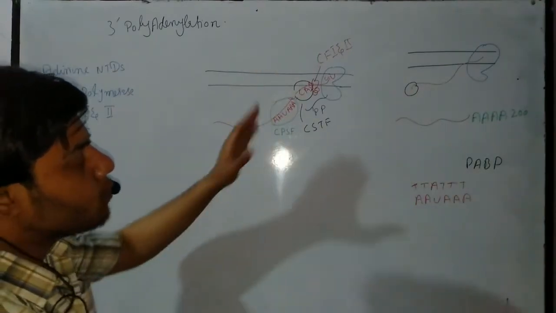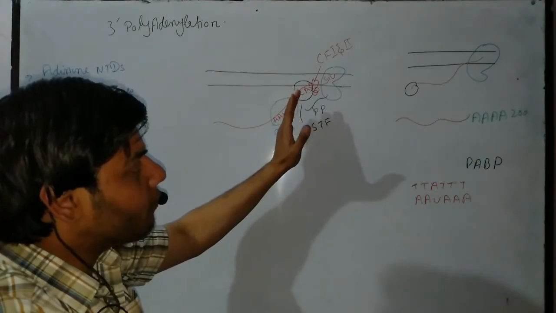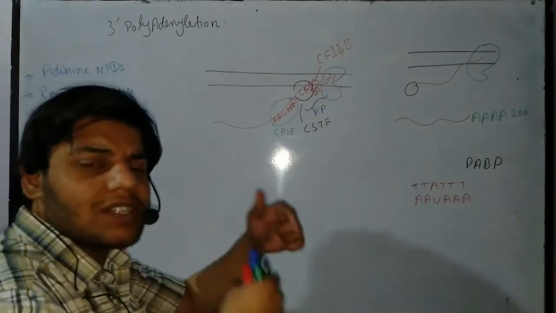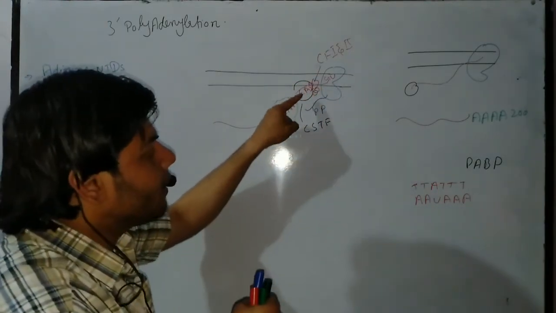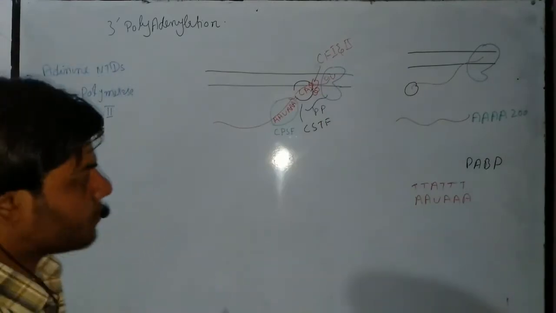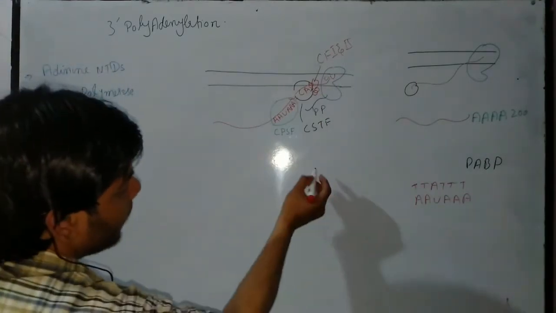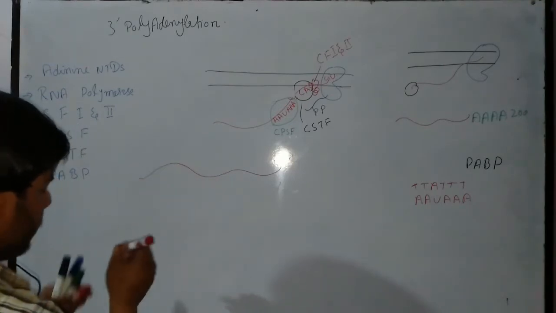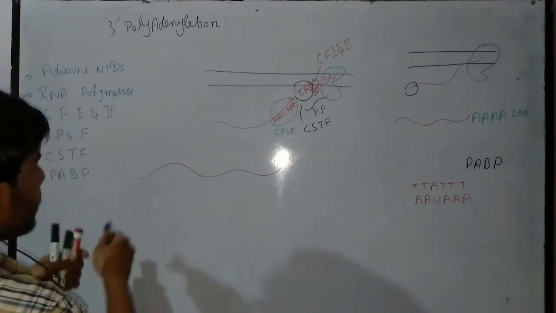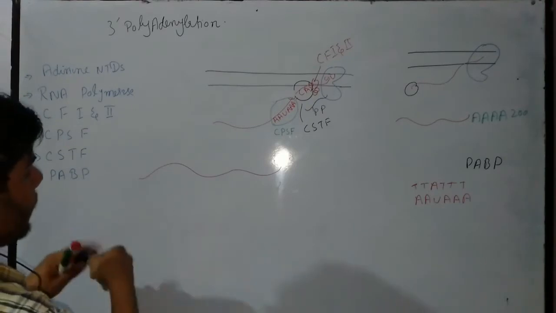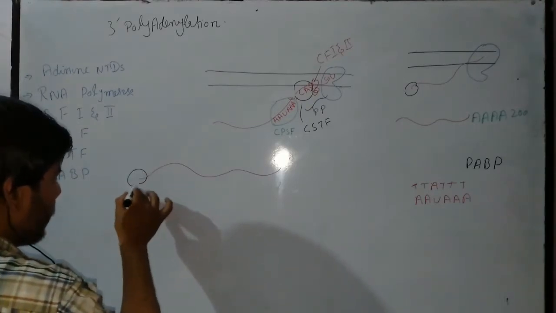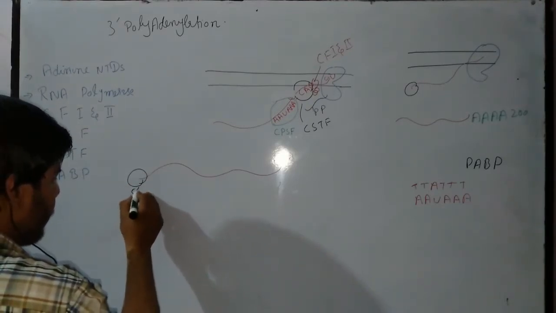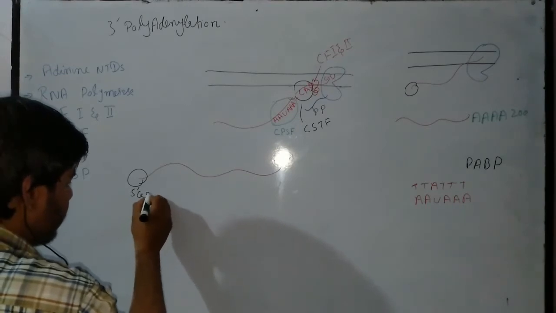It will cleave the RNA just after the CA, and after that we get the RNA strand, as you can see. At that specific area, capping is already done, which we call 5' capping.